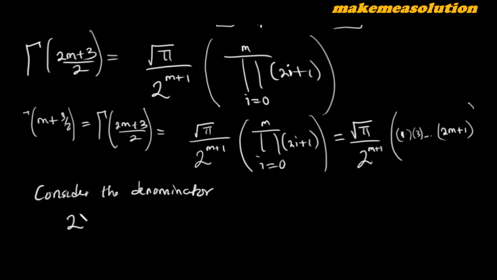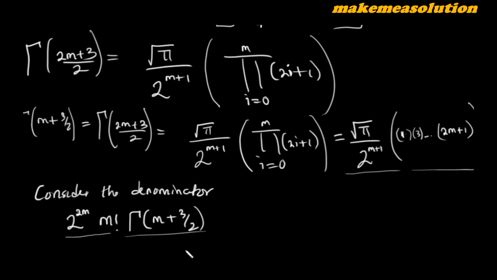Considering the denominator, you have 2 raised to the power of 2m, you have m factorial, and you have gamma of m plus 3 over 2, which we have already resolved to this particular term. So let's see how they interact with each other. I am going to go to a new page.